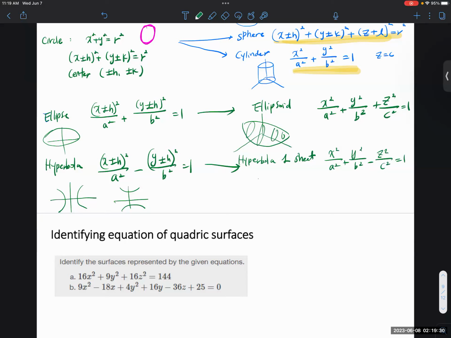And another one, the hyperboloid of 2 sheets, which means negative x squared over a squared minus y squared. You don't need to memorize them, it's already given. I'm just showing you all the classification. So the hyperboloid, if you think about this one in 3-dimensional space, it's going to look like that. And two sheets means they are separating. One is here.